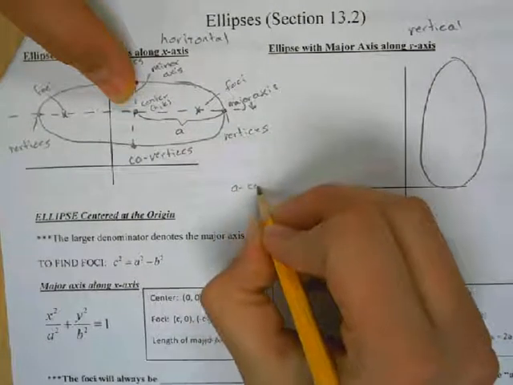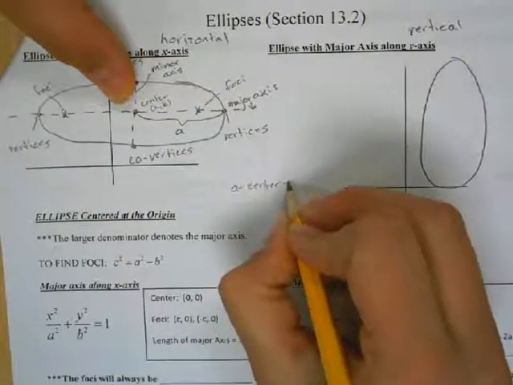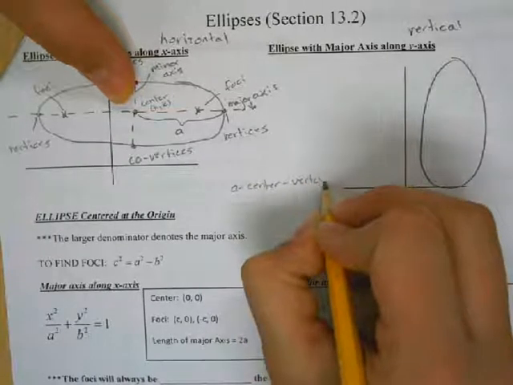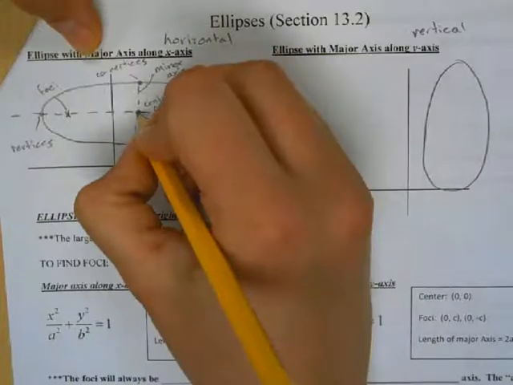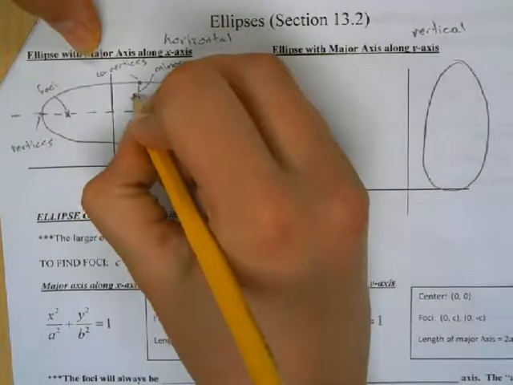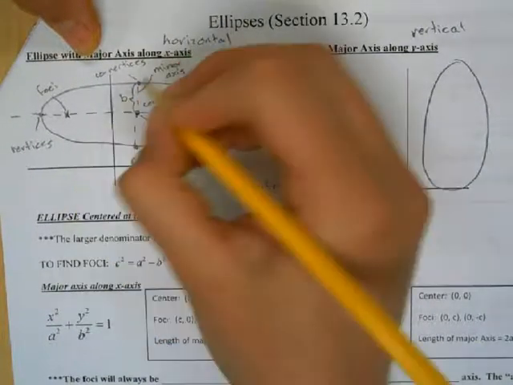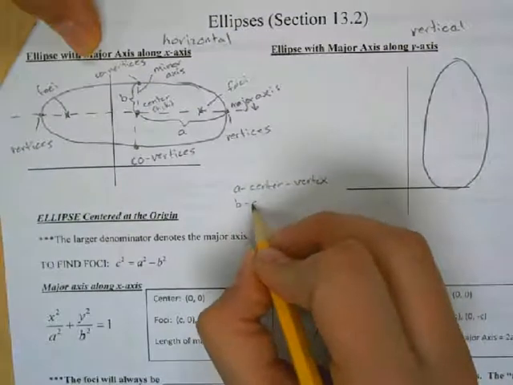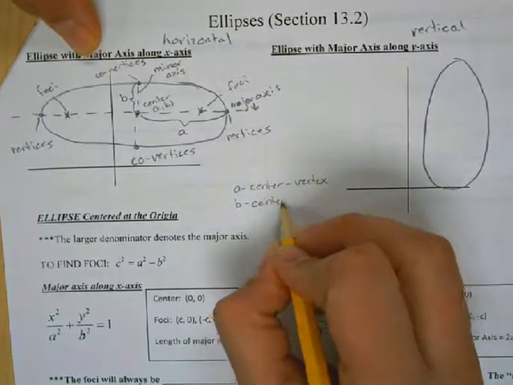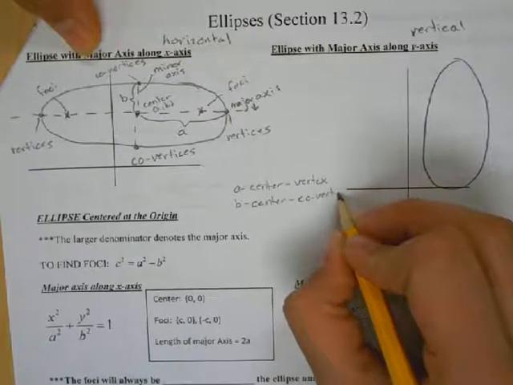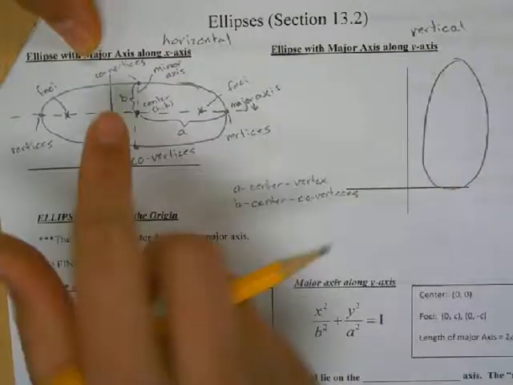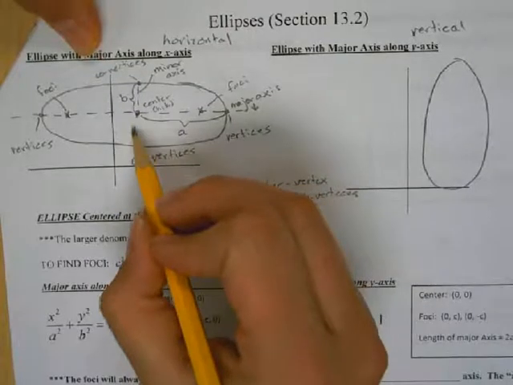That would be center to vertex. And then from the center to the co-vertices is your B. It's both of them. It's not just up, it's up and down. So both of these would be B.